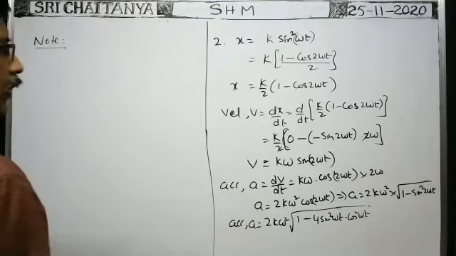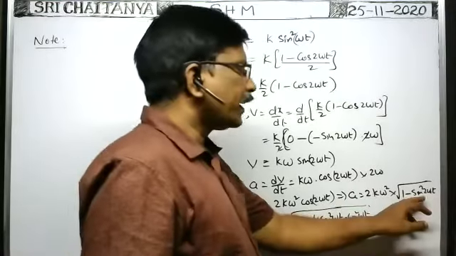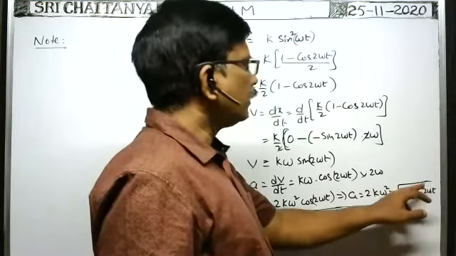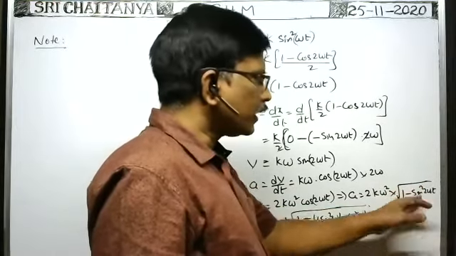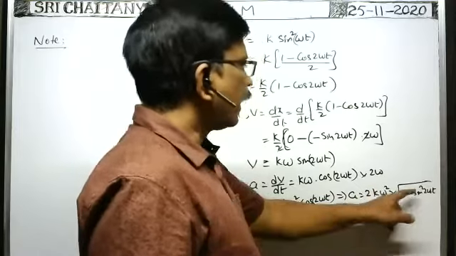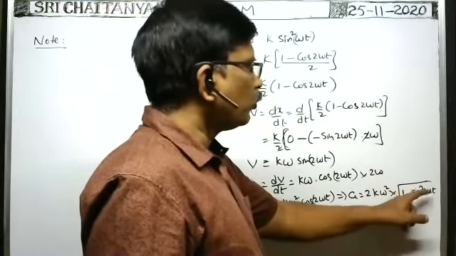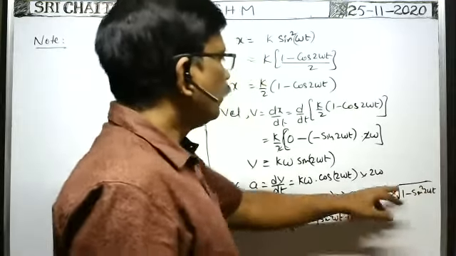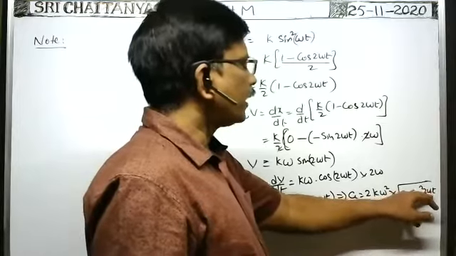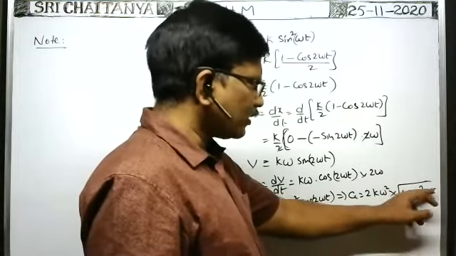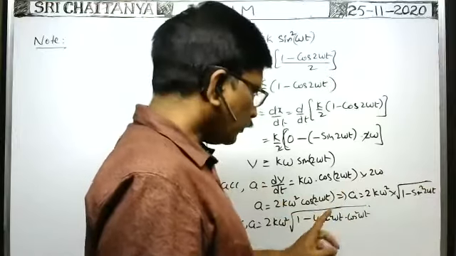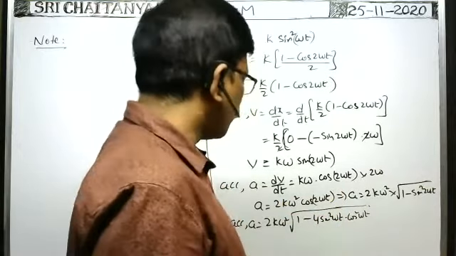Okay, here sine 2 theta can be written as 2 sine theta cos theta, right? Similarly, sine 2 omega t can be written as 2 sine omega t cos omega t. So 1 minus sine 2 omega t can be written as 2 sine omega t cos omega t whole square, which is 4 sine square omega t cos square omega t.